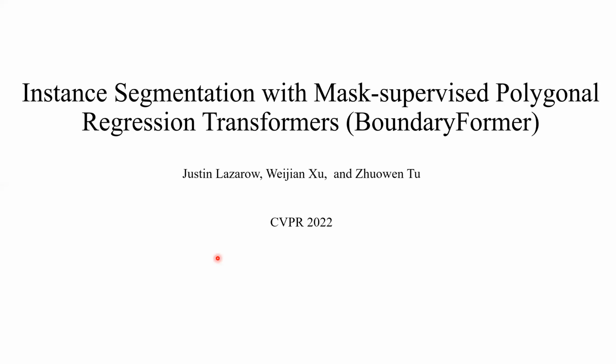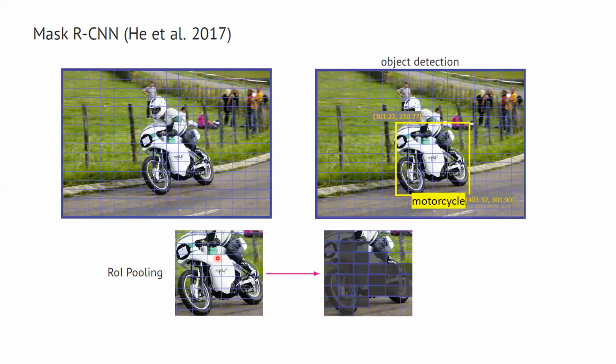And then this year, we have a paper called Instance Segmentation with Mask-Supervised Polygonal Regression Transformers. Again, there are two significances. One of the two significances of the transformer architecture for us is to perform structural or geometric extraction. As we can see, ViT families like last year, especially Swin, have shown improvement over CNNs, especially for object detection or instance segmentation.